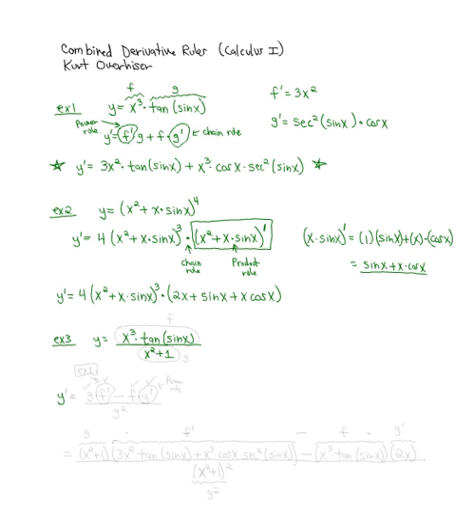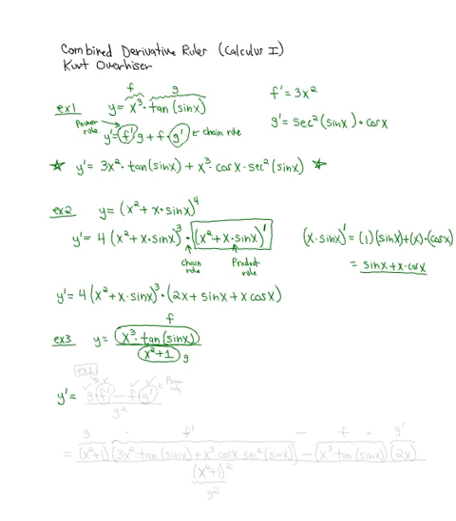Leave myself enough space. We write y prime. And so let's just write down what the quotient rule says. Okay, so we're going to break up the numerator and the denominator. We'll call this the numerator f, and the denominator we'll call g.